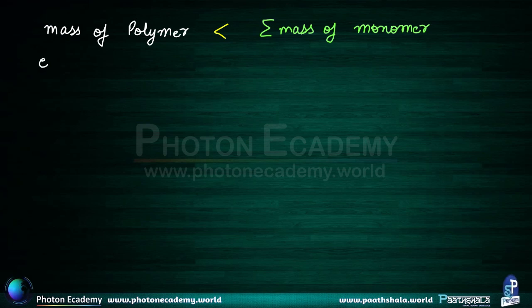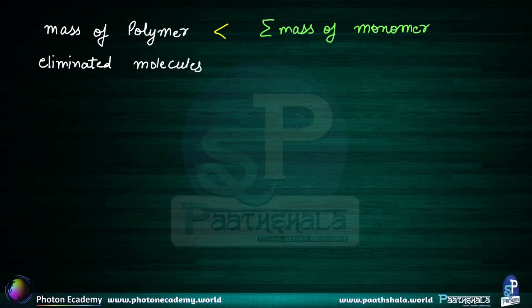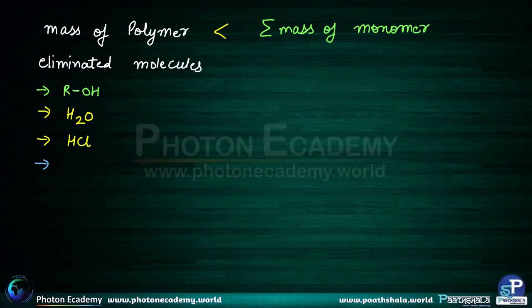So eliminated molecules are obtained over here. Eliminated molecules can be ROH, that is an alcohol. Then we can have a lot of eliminated molecules. So they are small molecules like water. Then we can have HCl. Then we can have NH3 or CO2.